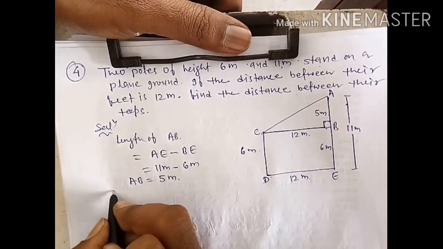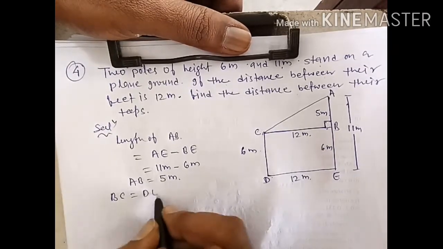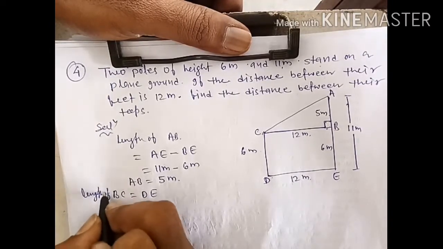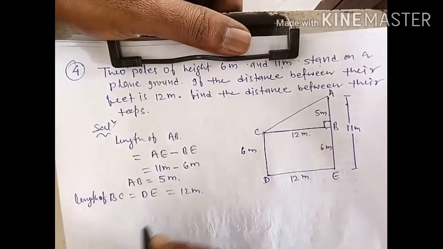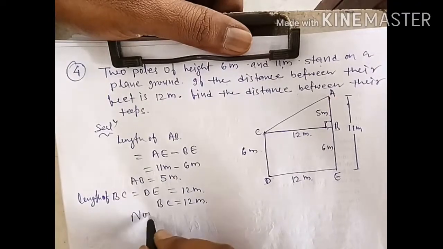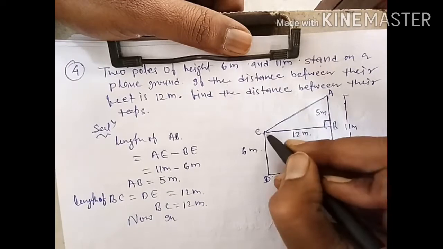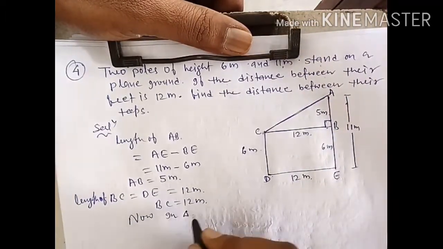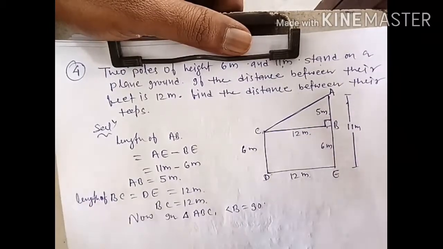Again length of BC is equal to DE, that is 12 meter. So BC is equal to 12 meter. Now in triangle you have to find the length of AC, that is the distance between their top. So in triangle ABC angle B is equal to 90 degree.